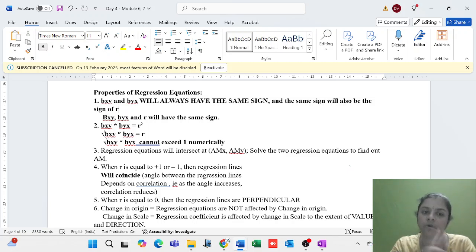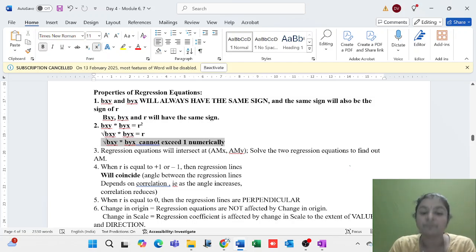If it is negative, all the 3 will be negative. And the relationship between regression coefficients and correlation coefficient is that the geometric mean of the regression coefficients is equal to the correlation coefficient. So r is equal to root of bxy into byx, or bxy into byx is equal to r square.